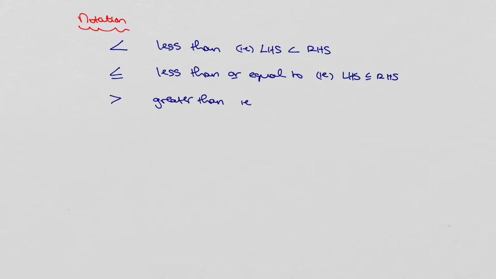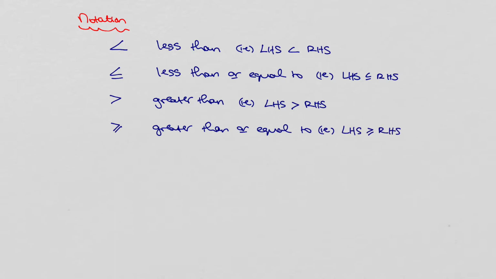And again, when I'm referring to it, it would be the left-hand side is greater than the right-hand side. And of course, then we can have greater than or equal to. In other words, the left-hand side is greater than or equal to the right-hand side.